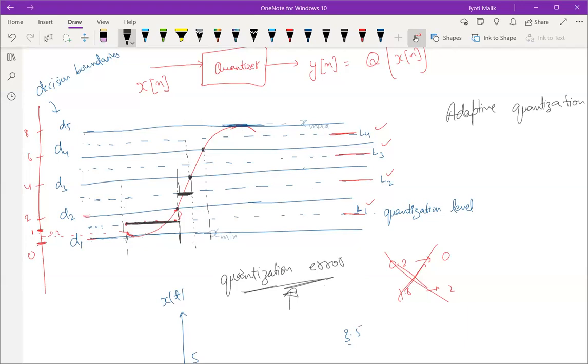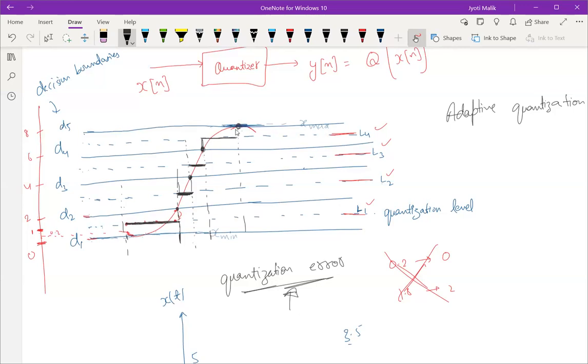Understood. So from here to here, it will be mapped to the mid boundary, means level L3. Then up to this level is level 4. D4 to D5 will be mapped to the mid boundary.